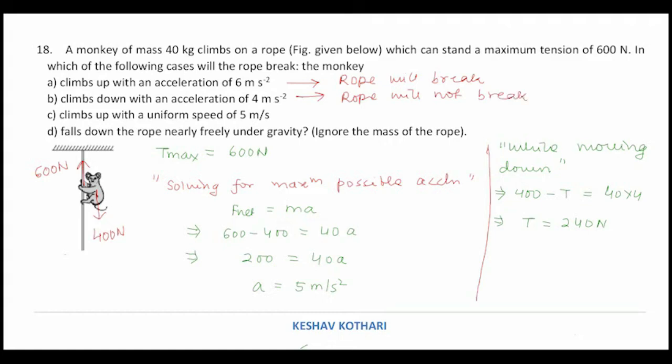Now in the third case, when it is climbing up with a uniform speed, the net force is going to be 0. While climbing with uniform speed, we can say that acceleration is 0 and hence F net is equal to 0.